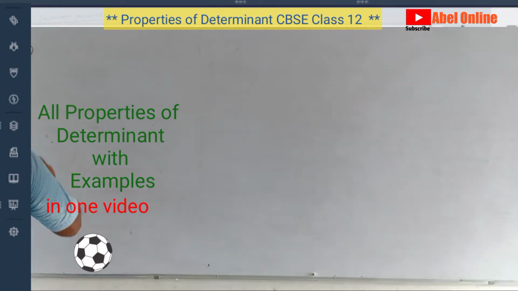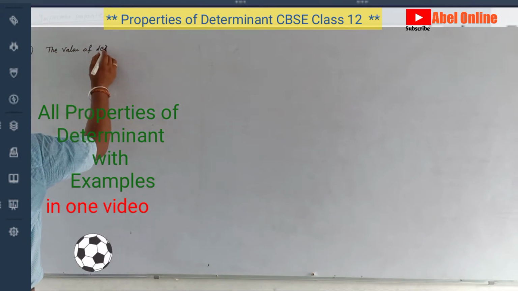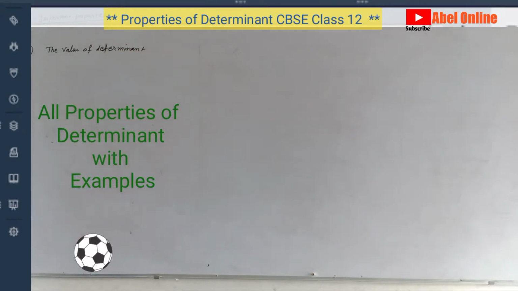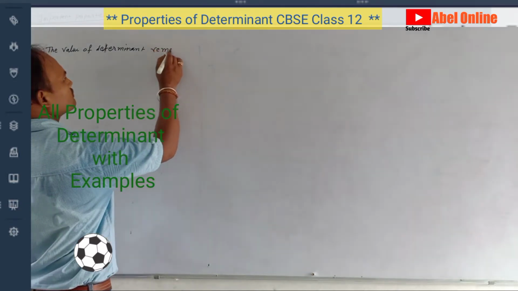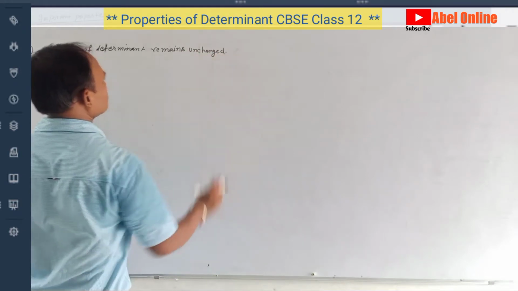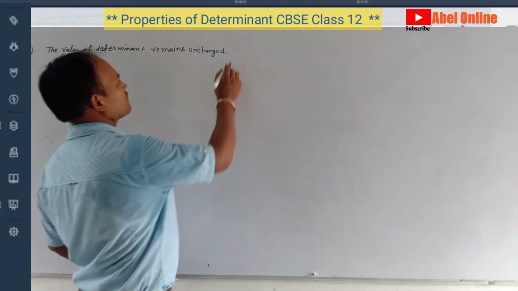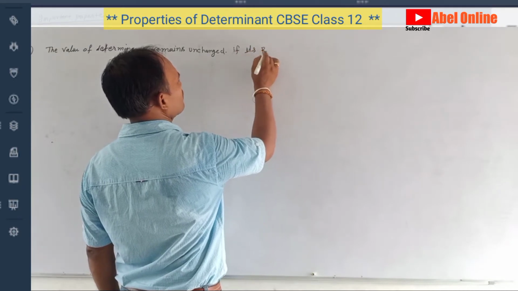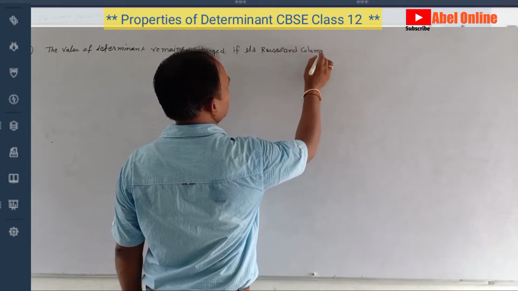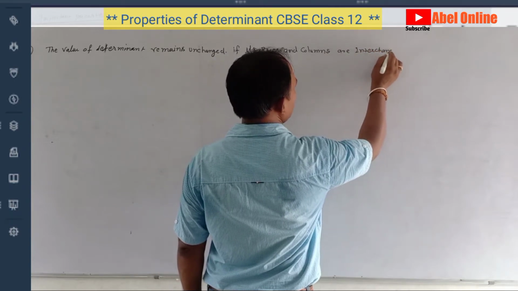the value of determinant remains unchanged if its rows and columns are interchanged.